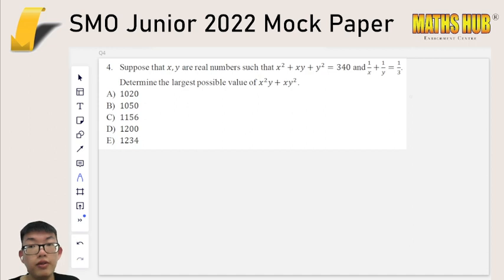But let's try to see what we can do to simplify some of these. First of all, 1 over x plus 1 over y, the fraction seems kind of out of place. If we add these two fractions, it gives x plus y over xy equals 1/3.